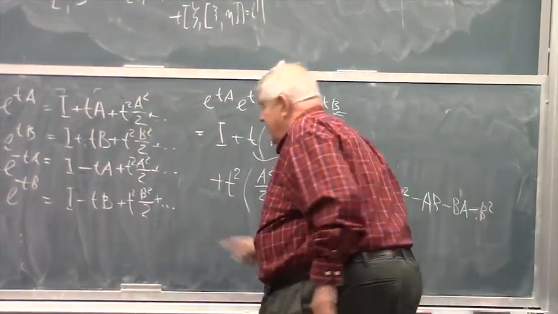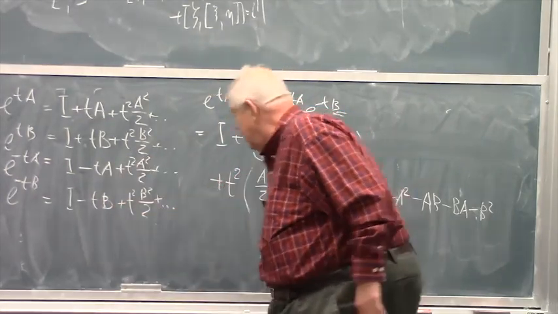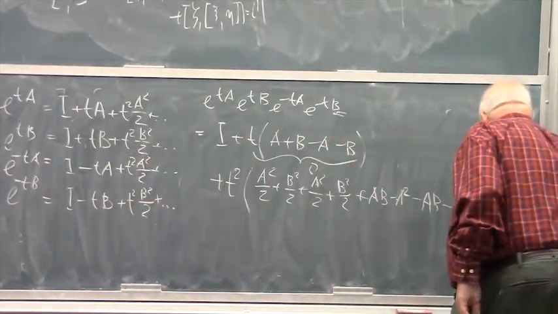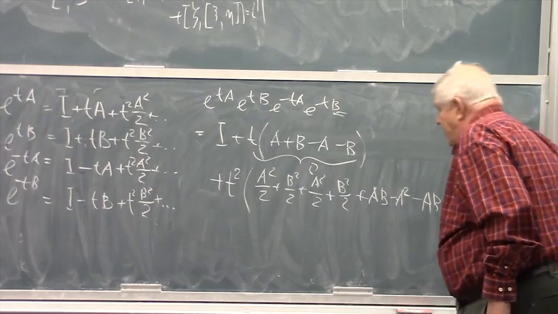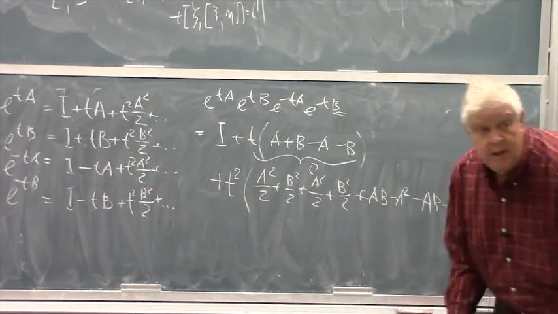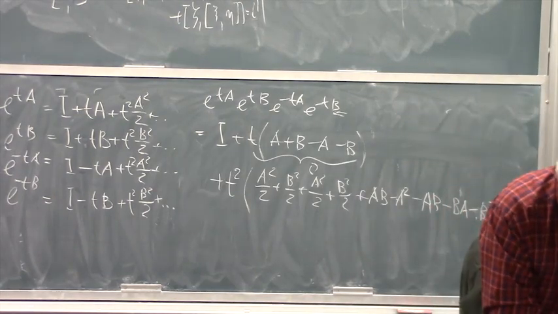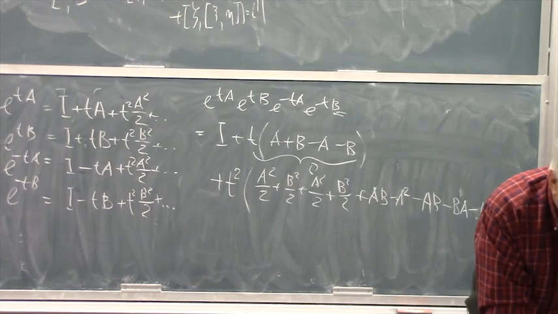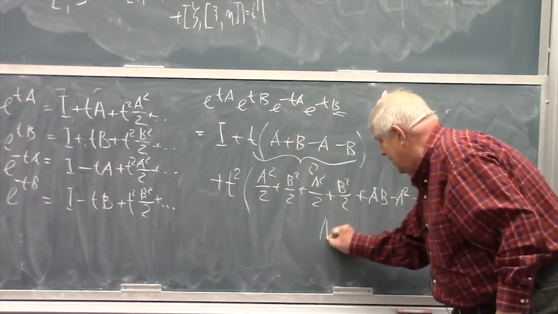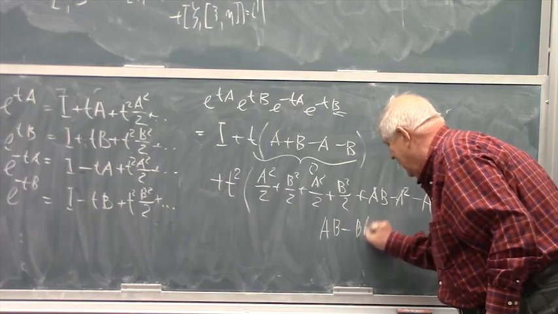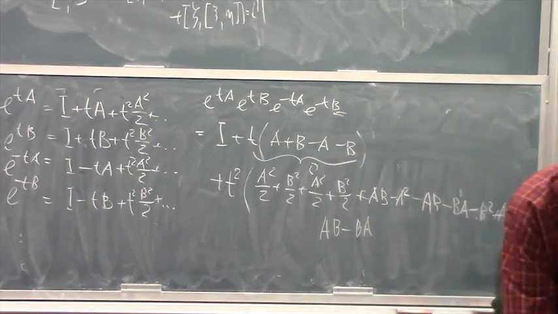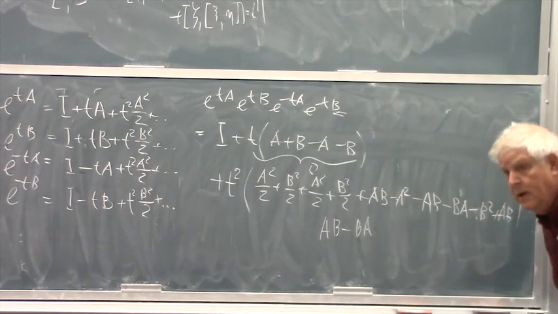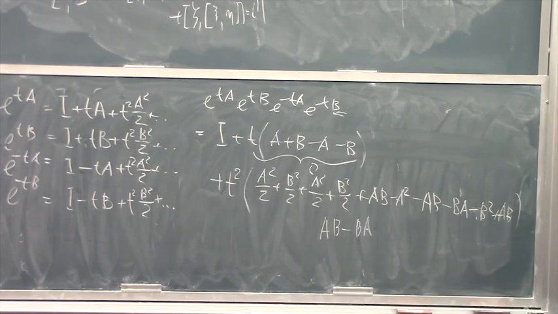And the last, these two plus AB. I do not need terms of degree 3 or more. And as to this, certainly it is equal to AB minus BA. I hope you will agree that there are some cancellations which lead to this. Is it okay?